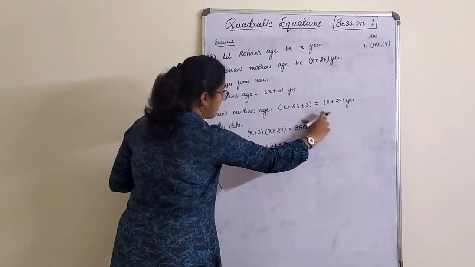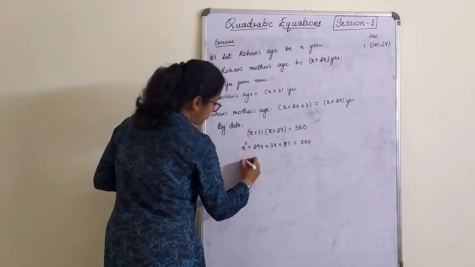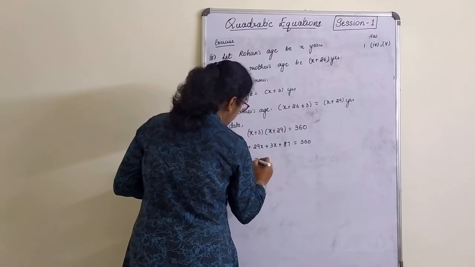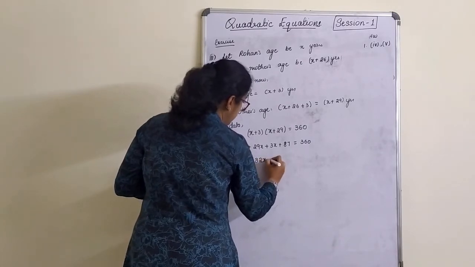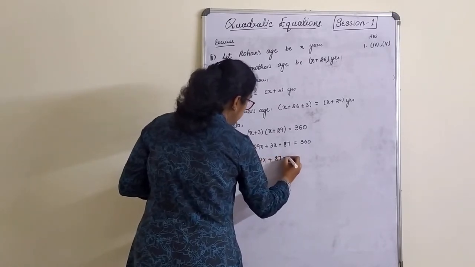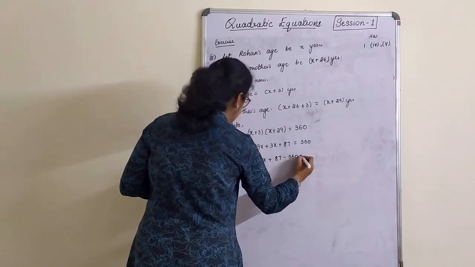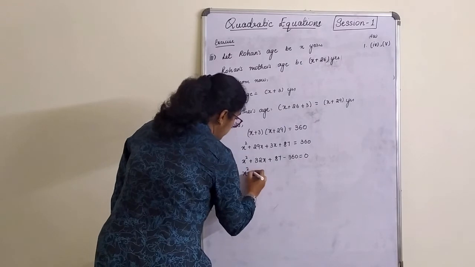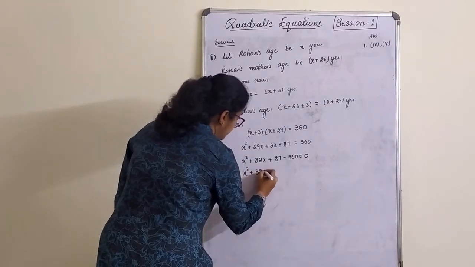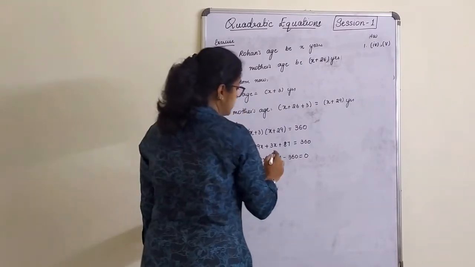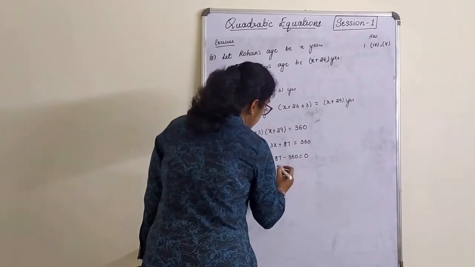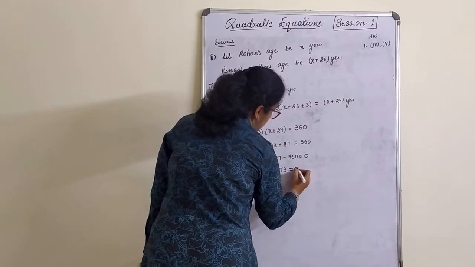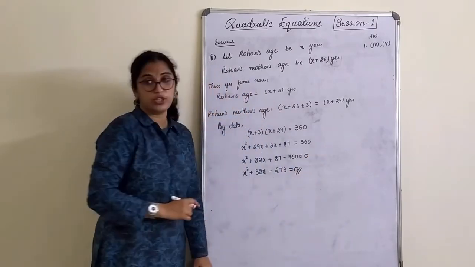Don't write degrees, I have written degrees by mistake. Okay. x square, 29 plus 3, 32x plus 87 minus 360 is equal to 0. x square plus 32x, minus 360 minus 87, you will get 273, is equal to 0 is your equation.